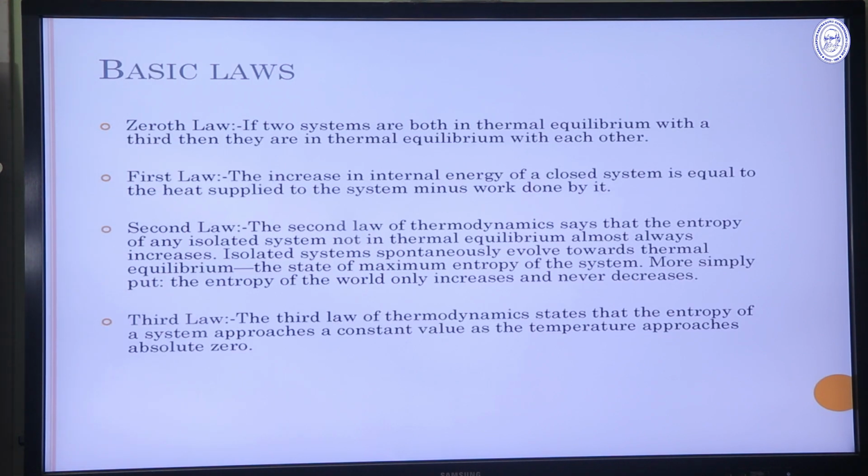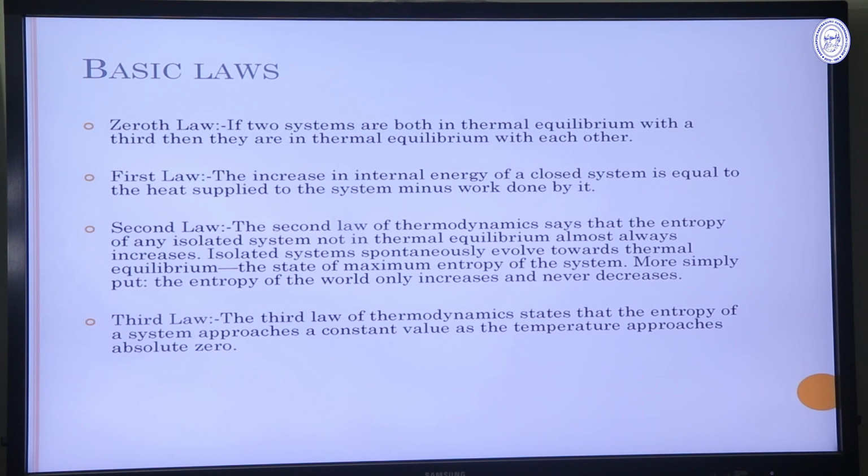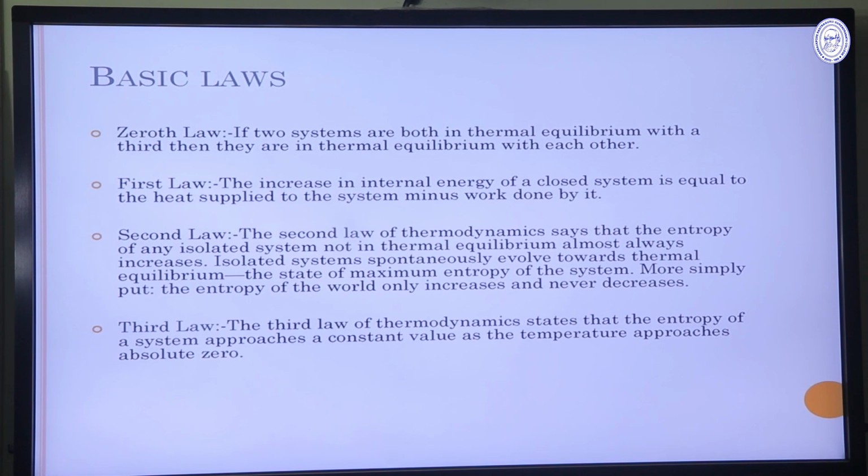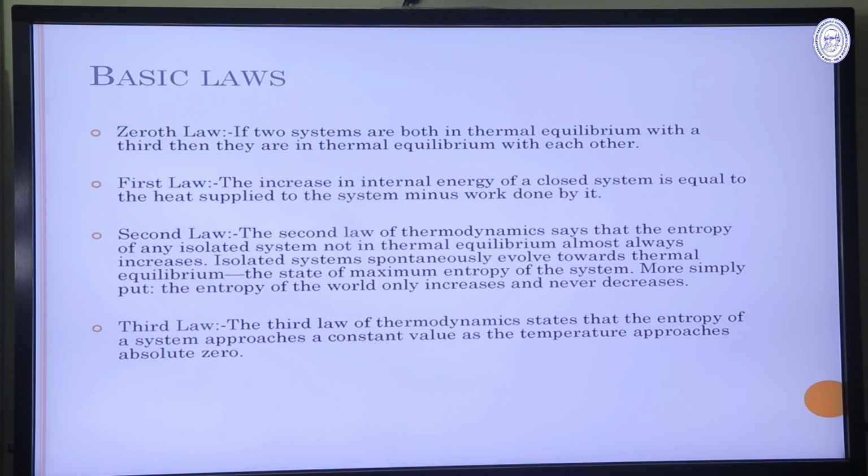Now basically when we look upon thermodynamics, it has been found that there are some basic laws that have been framed, on the basis of which all the various biological life processes are assessed or dependent. So what are these laws?